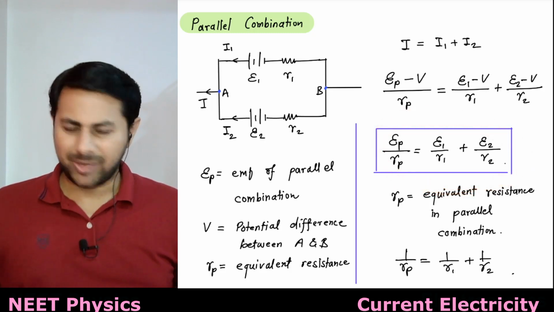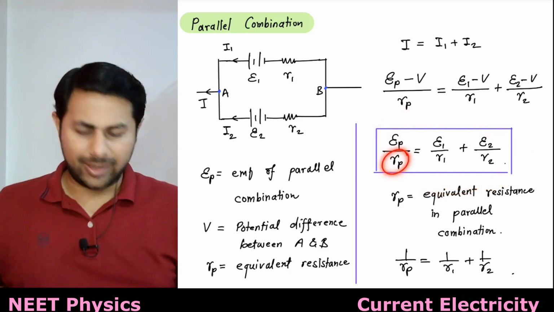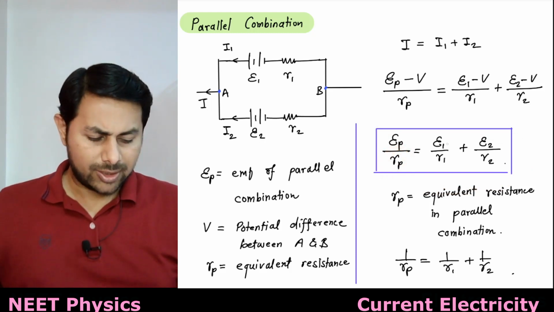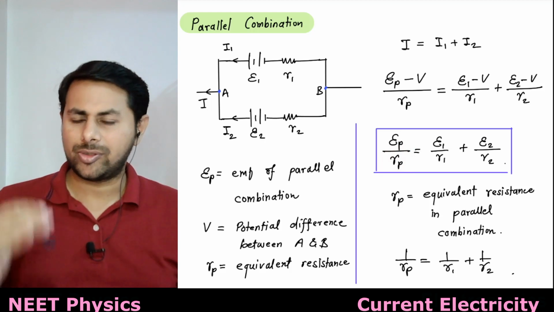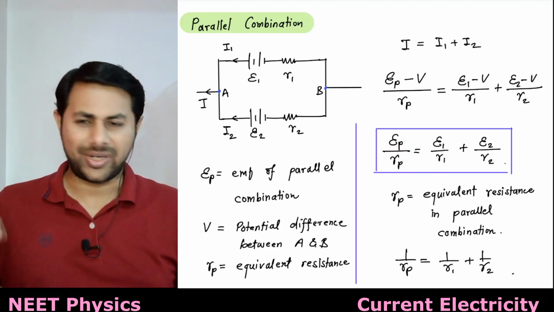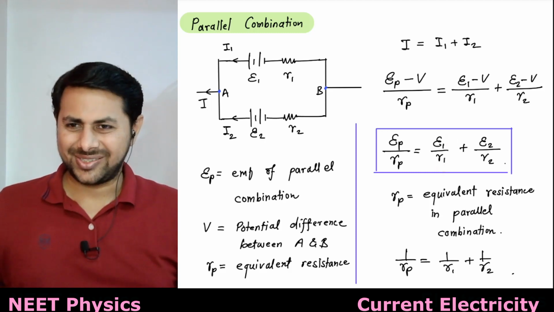So series is simple. In parallel, what happens? The equivalent EMF divided by the equivalent resistance of the parallel combination is equal to the sum of the ratios of EMFs to internal resistances.